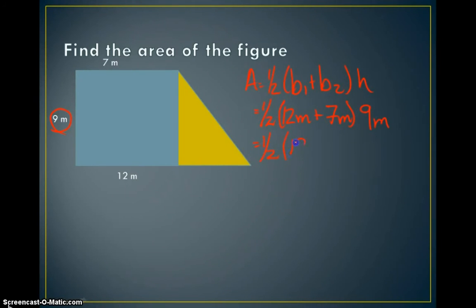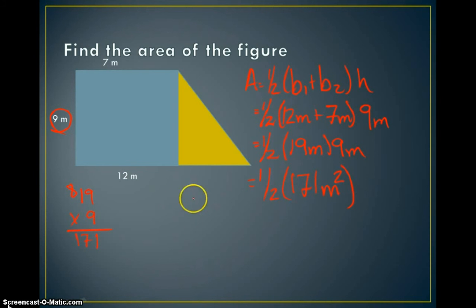And that is equal to 19 meters. And then I copy down my 9 meters. Now I just need to take 19 times 9. 9 times 9 is 81. I carry my 8. 9 times 1 is 9, plus 8 is 17, so 171. So that gives me 1/2 times 171. And I've multiplied those meters already, so that's meters squared.